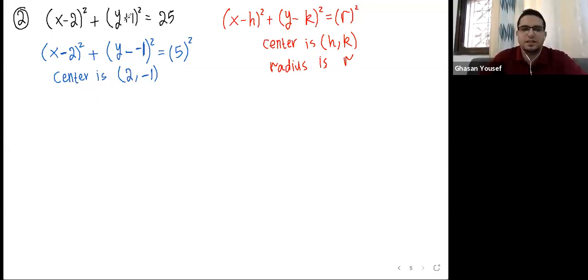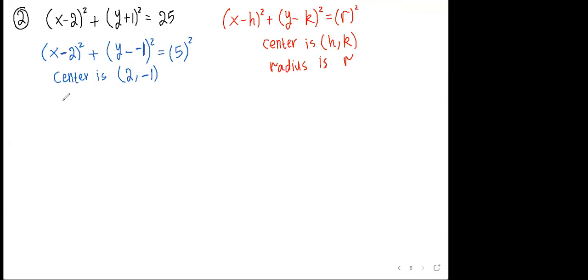The equation here is y plus 1, so when we rewrite it, we write y minus minus 1. So the center is 2, negative 1. If we don't want to rewrite it, we just flip the sign: negative 2 becomes positive 2, and instead of positive 1 it becomes negative 1. So this is the center. Now, what is the radius?